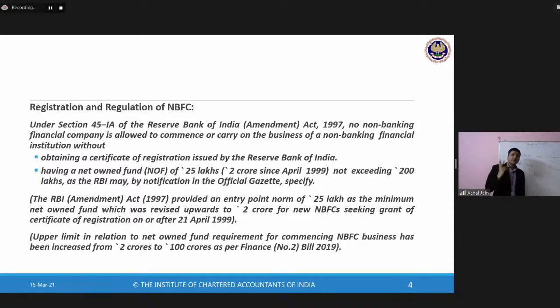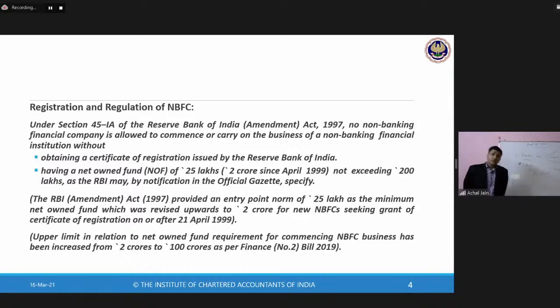So there are two mandatory things. One is to obtain a certificate of registration from RBI. So if an entity is doing the business of NBFC but has not obtained a certificate of registration from RBI, then it is not an approved NBFC and that business will be considered to be illegal.